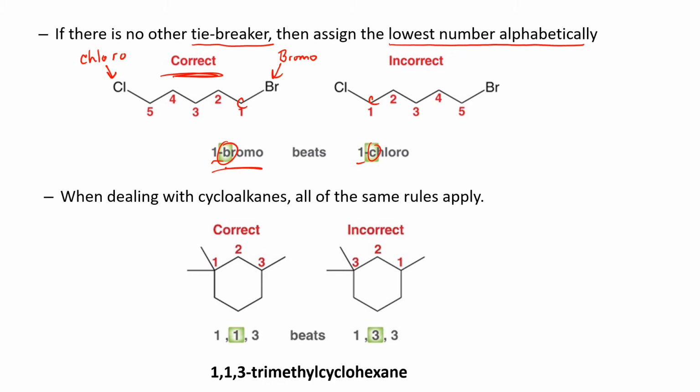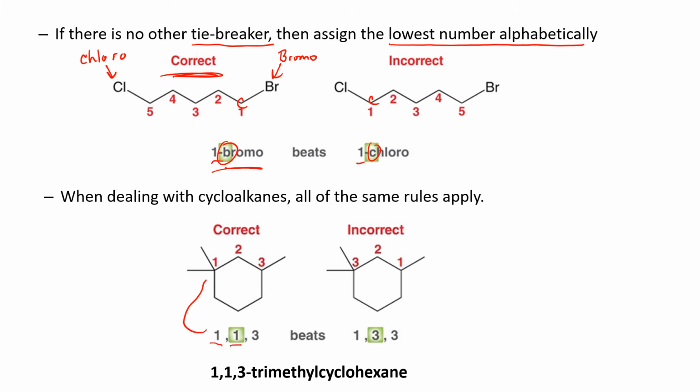And when you're dealing with cycloalkanes, all the same rules apply. So let's look at two options. I could start numbering here on the left, call that 1, 2, 3. My first substituent contains 2 methyls, so that's a 1, 1. Remember, if it's the same type of substituent on the same carbon, we have to repeat the number, so that's a 1, 1.